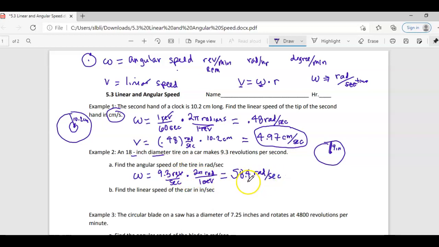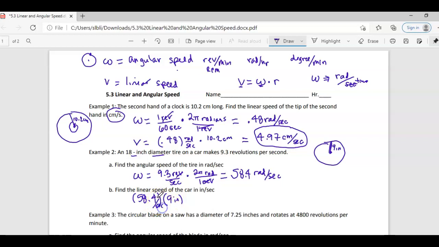So once we have our angular speed in radians per time, in this case per second, now we can go ahead and find the linear speed by just multiplying it by the radius. So for part B, we're going to multiply 58.4 times 9 inches, okay? And remember, this was in radians per second, so usually we don't have to write the radians.